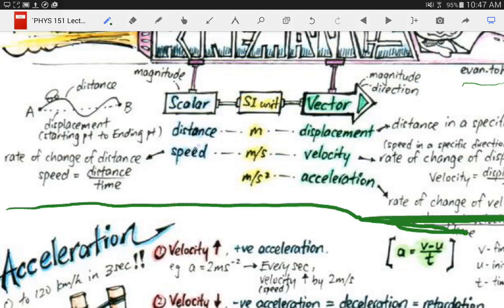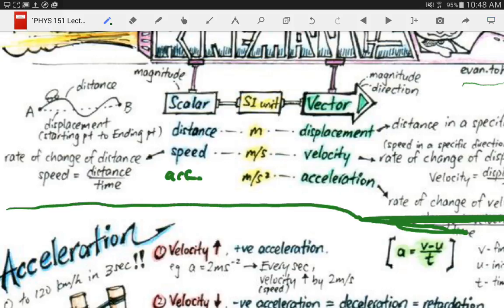Okay, we have distance and speed on the left side. Those are scalars. So distance doesn't have a direction, speed doesn't have a direction. That's what we can read from that. On the vector side, we have displacement and velocity and acceleration. So those things do have vectors. Now you can have acceleration over here as well. Let me just put ACC.